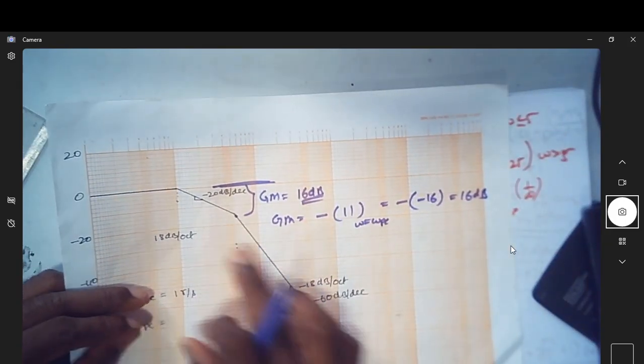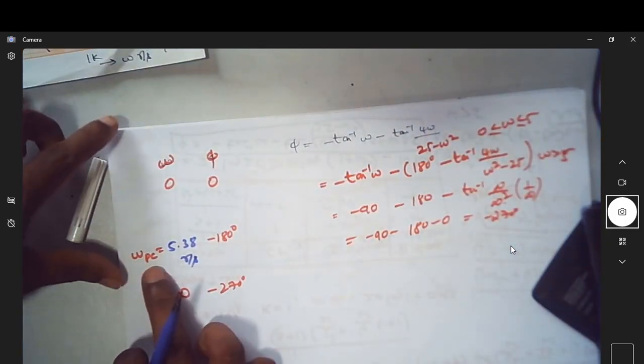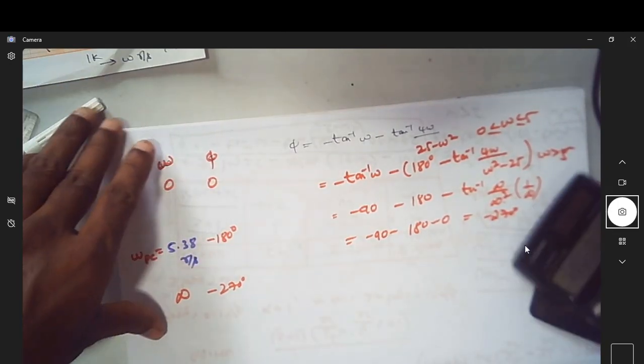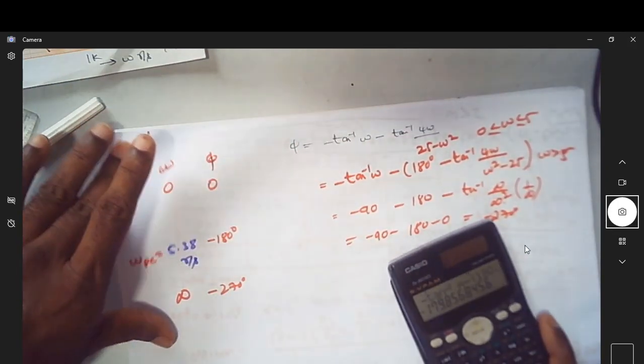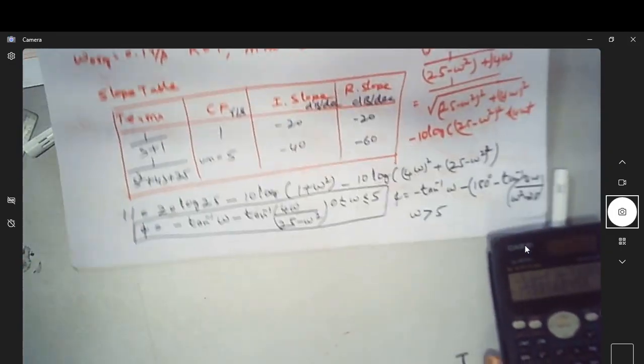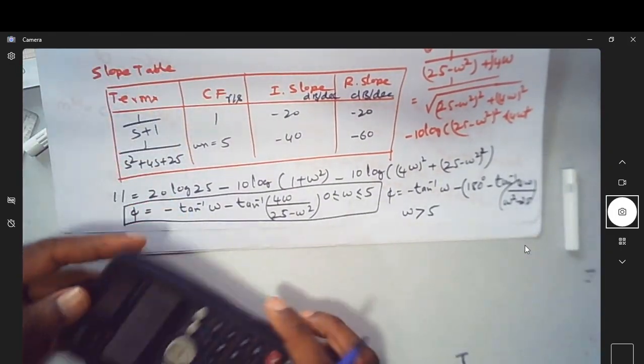Maybe you can also find, using this omega PC, the gain margin. So I'll use this equation and try to find out the magnitude at 5.38 radian per second.